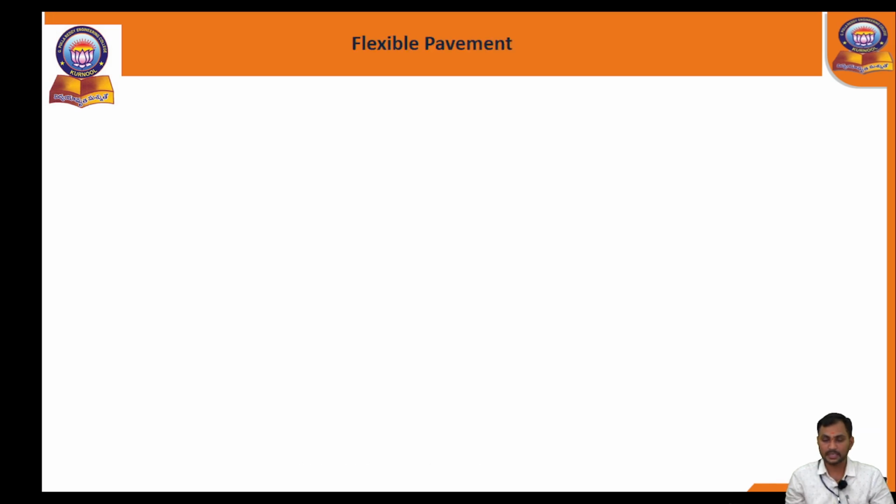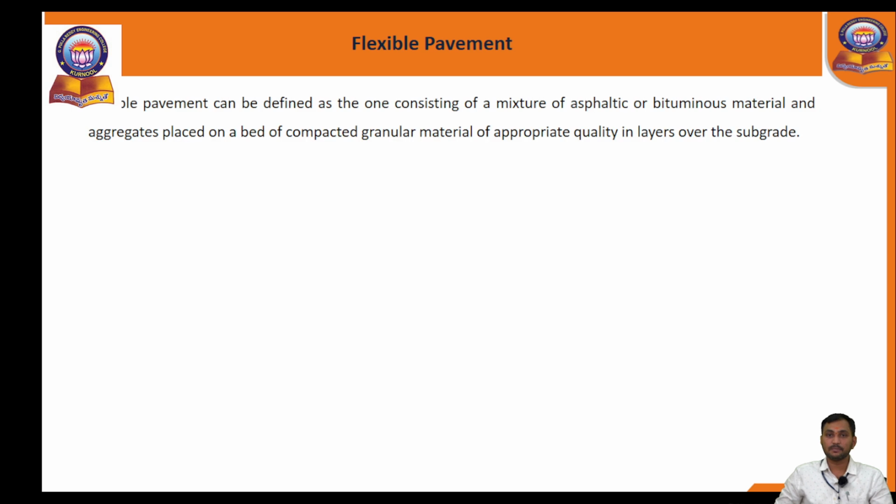Okay, next, now coming to the part of flexible pavement. What is meant by the flexible pavement? The flexible pavement is defined as one consisting of a mixture. Flexible pavement is nothing but a mixture of asphalt or bituminous material and aggregates.